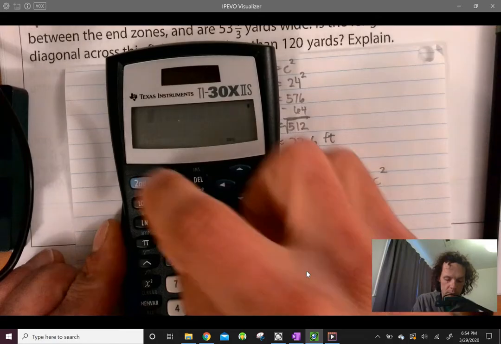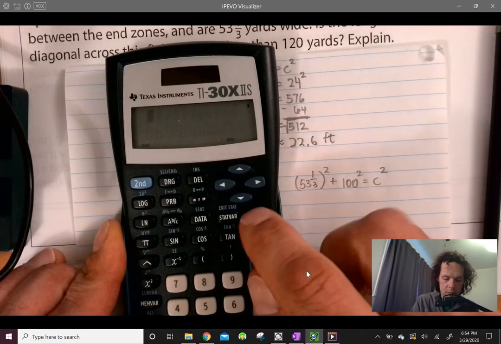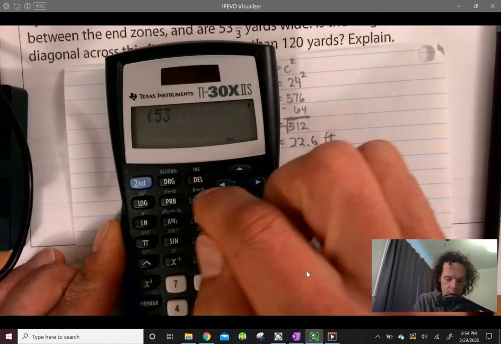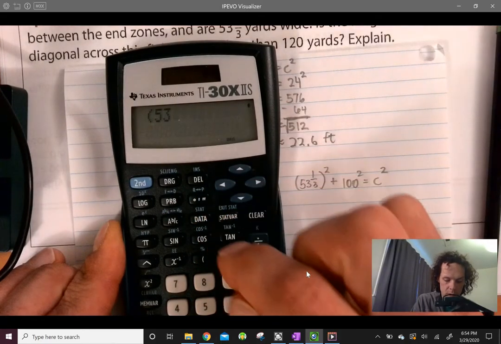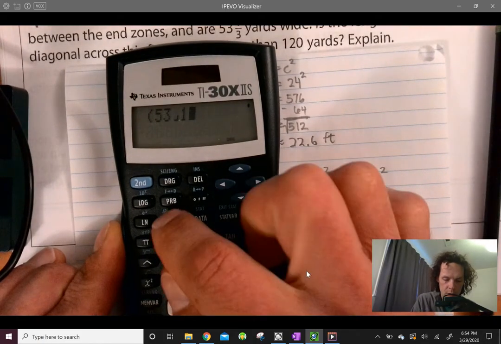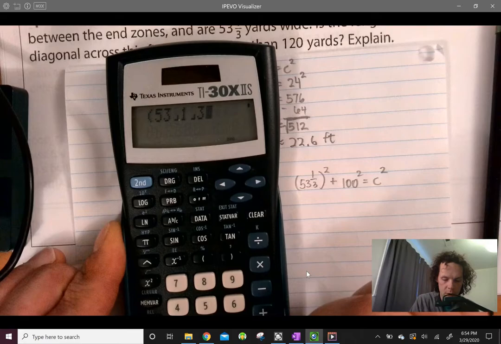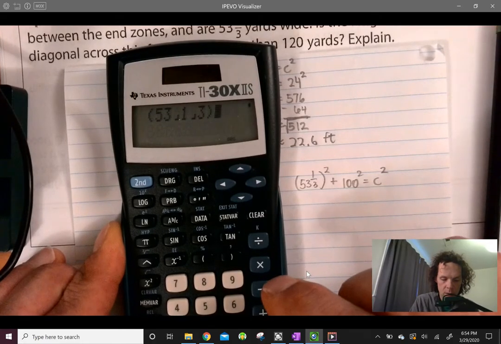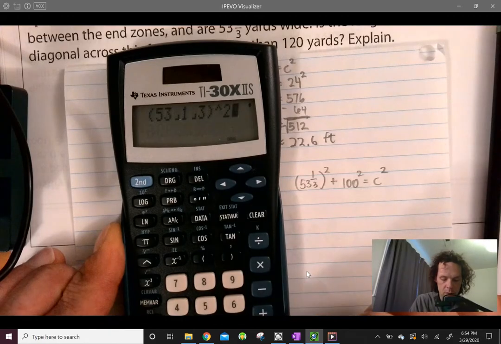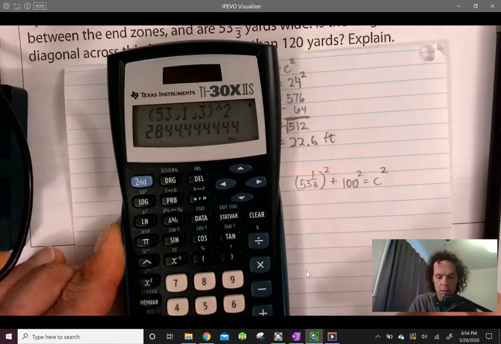Let's see here. 53 and 1/3, squared, equals.